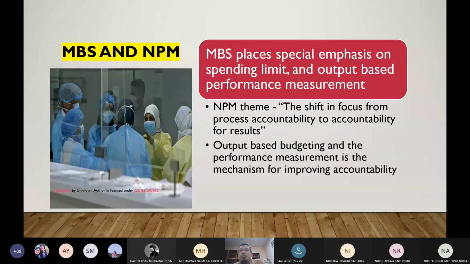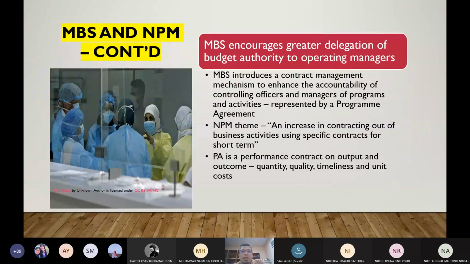MBS places special emphasis on spending limit and then outcome and output-based performance measures. Okay, so take note of this. Then new public management also encourages delegation of authorities. Okay, that's also very consistent with MBS, together with the result-based performance measures.